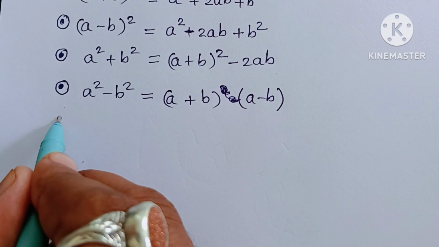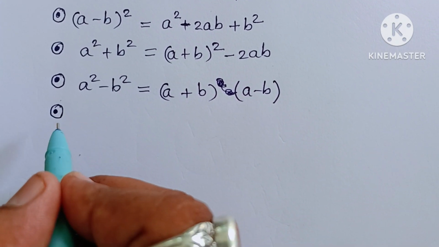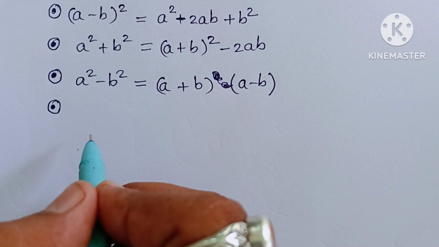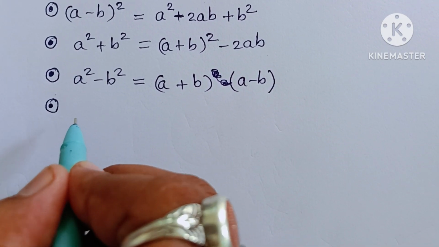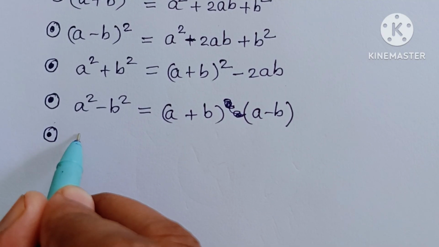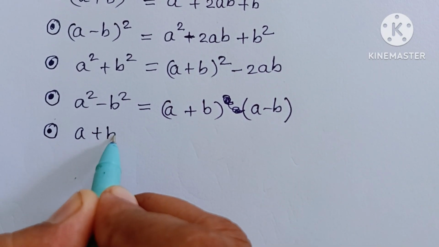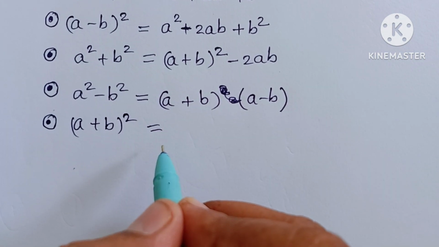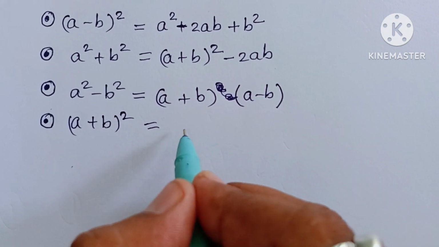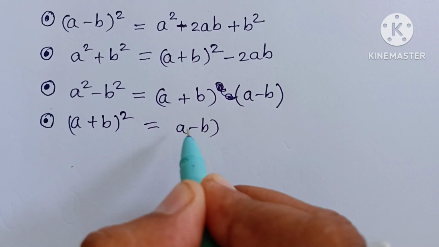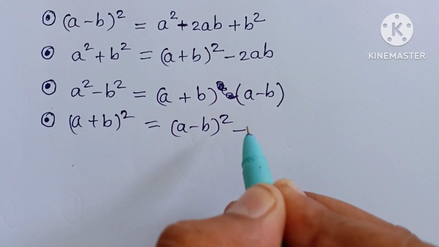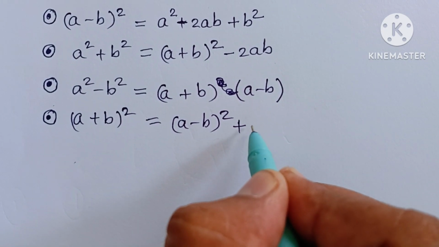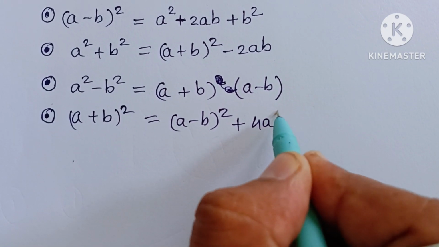Next identity we will see here: (a plus b) whole square equals (a minus b) whole square plus 4ab.